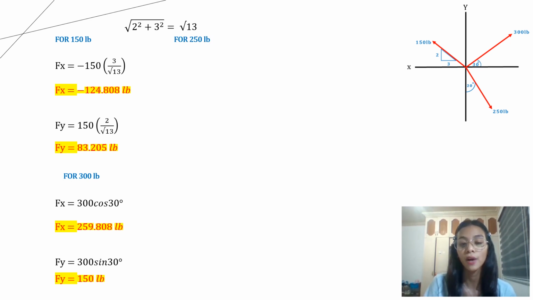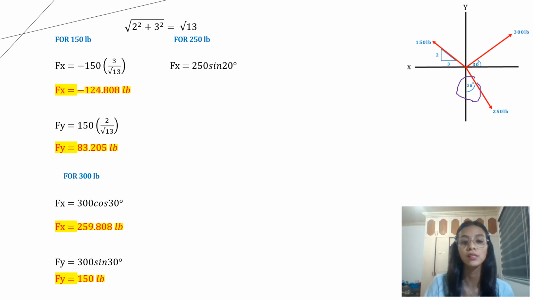And lastly, for our 250 pounds, pointing downward to the right and with an angle of 20 degrees, our Fx is 250 sine 20 since it is sine because it's in the side of y-axis.